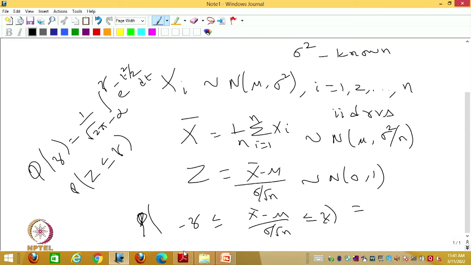That is the same as, if you do a little calculation in terms of psi, 2 times psi of z minus 1.